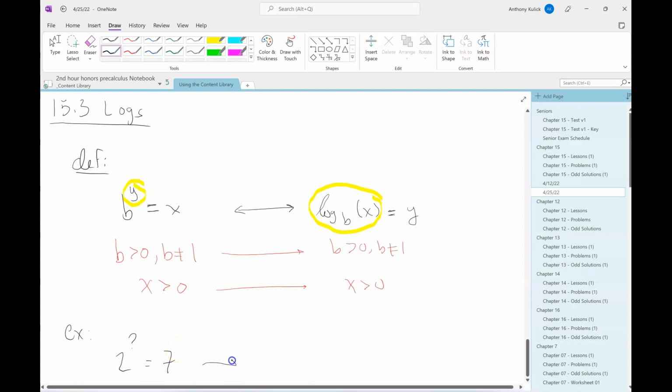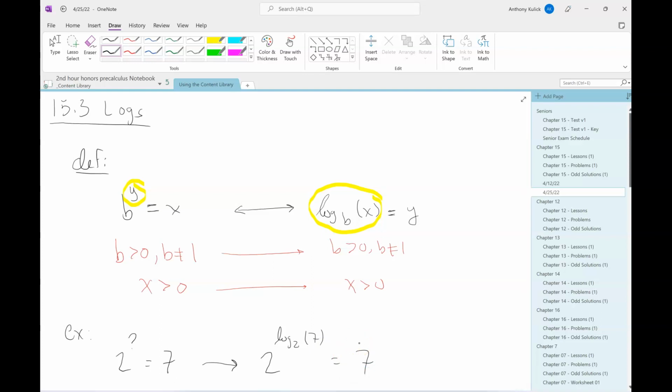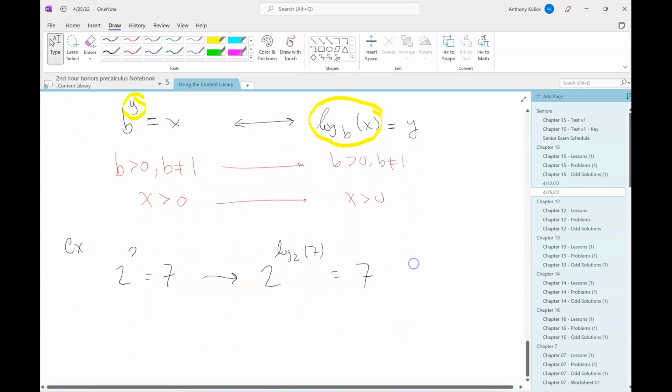Well, the answer to that is log base 2 of 7. 2 to the log base 2 of 7 should give me 7. So this logarithm is really just an answer to an exponential question. Is that okay?